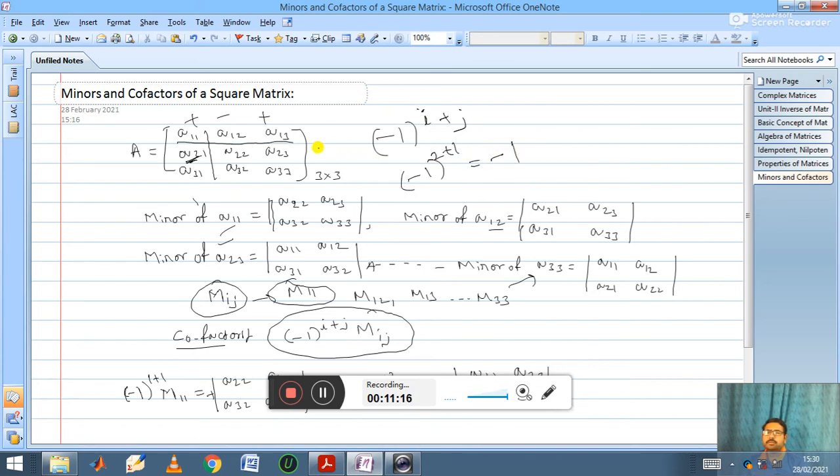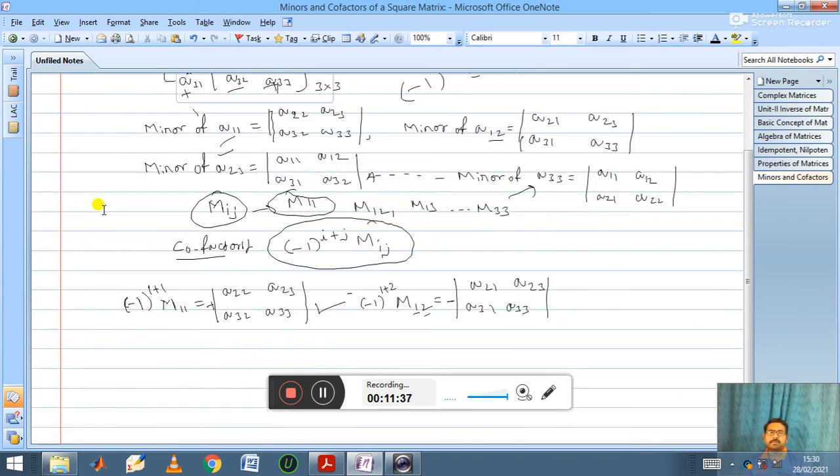That is why for the second row you write minus plus minus, and for the third row again plus minus plus. Okay, so this is the concept of minors and cofactors of a square matrix.